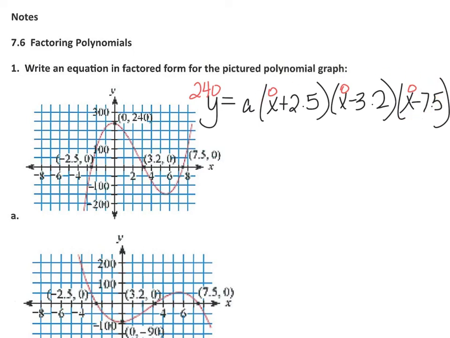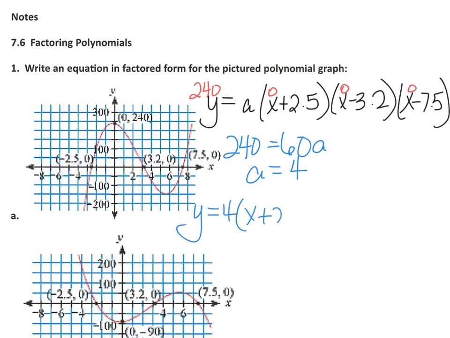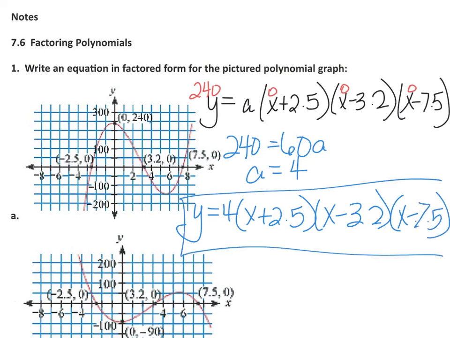You get 60 for this times a, which is 60a, is equal to 240 that we put in for y. And if you divide, that means a is 4, which means my final equation is y equals 4 times, go back to your factors, x plus 2.5 times x minus 3.2 times x minus 7.5. And that is my overall equation.